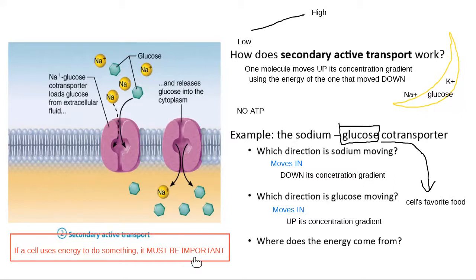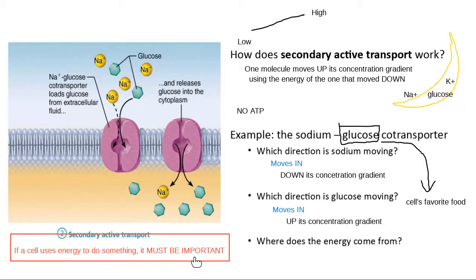Your cell is willing to burn its energy monies to move sodium outside and to move potassium inside, because it's really important that your cell be polarized. It's willing to spend energy monies to polarize the membrane.